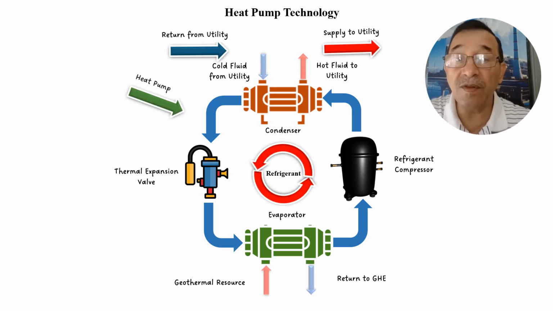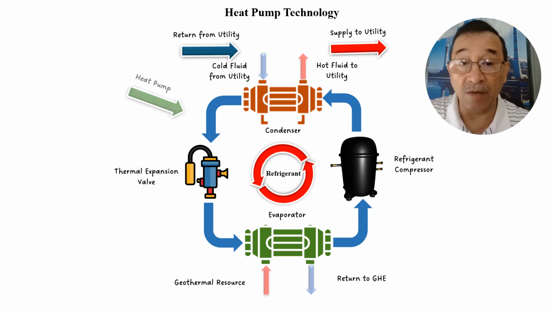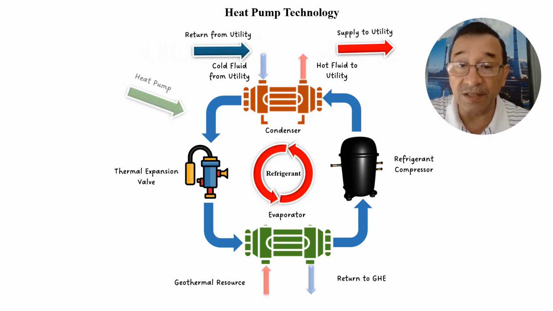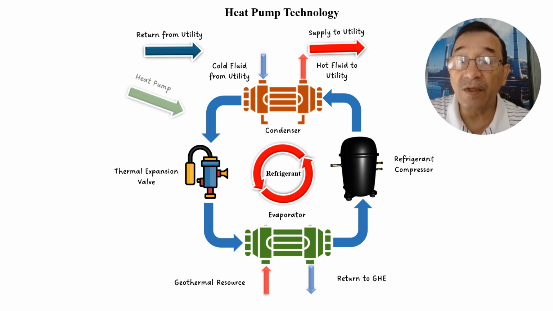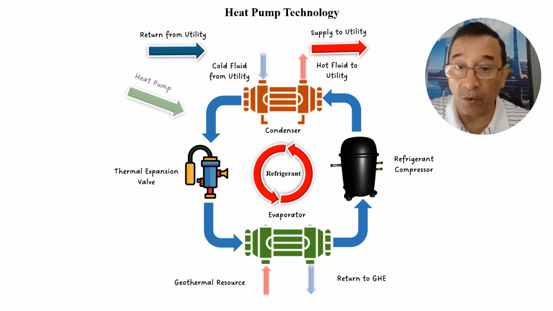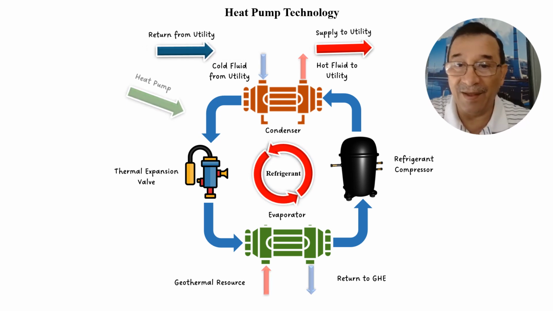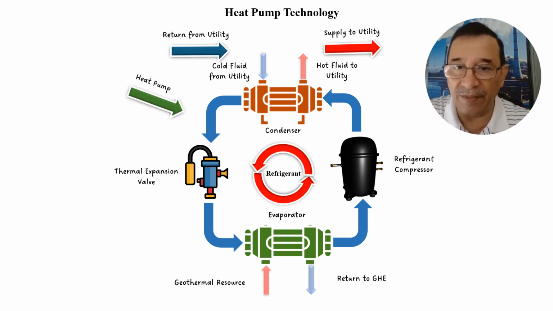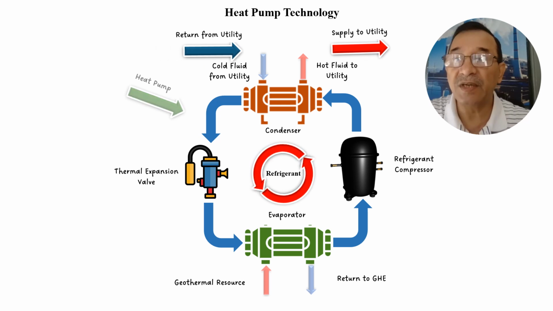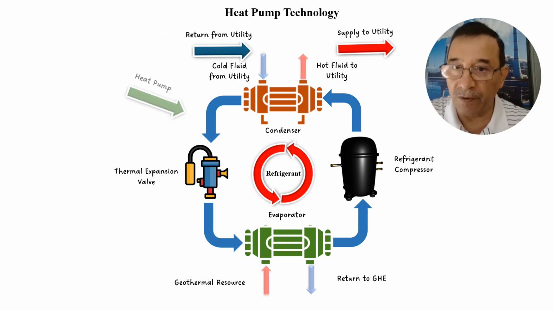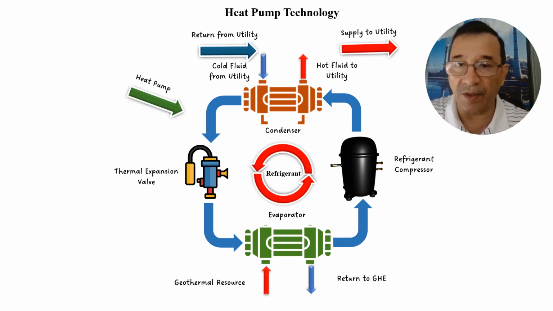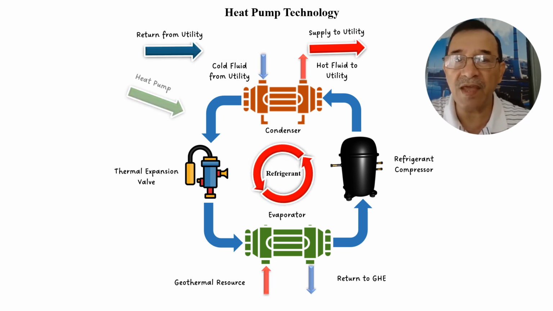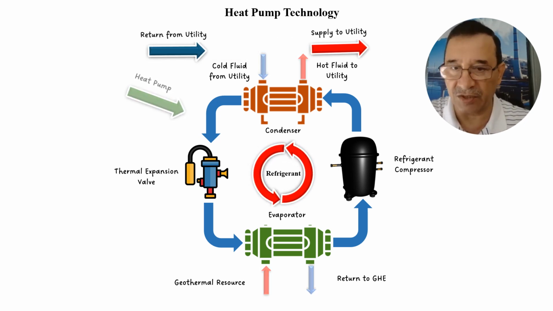The fluid on the other side, which comes from the utility, extracts energy and is heated up, which follows the red arrow. Then it will leave the heat pump as hot fluid, goes to the utility, serves the other equipment, and then returns back to this heat exchanger.